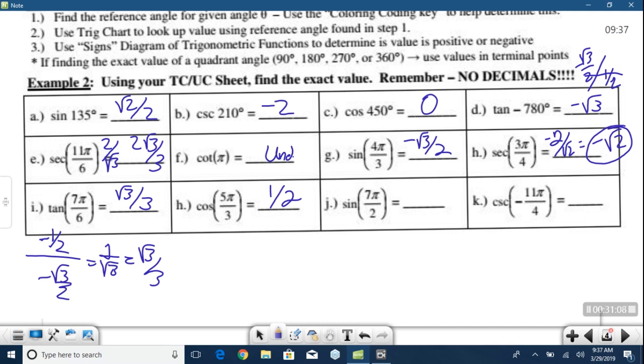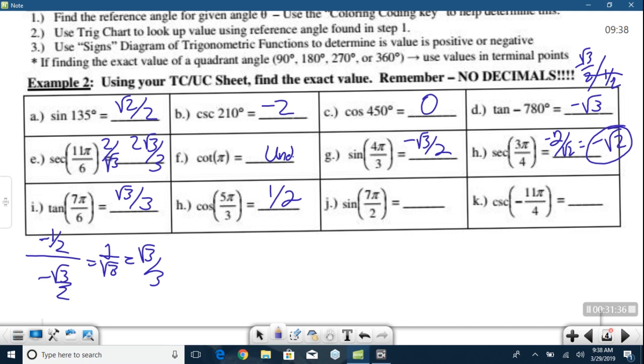Sine of 7 pi over 2. Guess what you don't see? 7 pi over 2 on the unit circle. So we have to find the coterminal angle. Don't convert to degrees. Subtract 2 pi, which is 4 pi over 2.